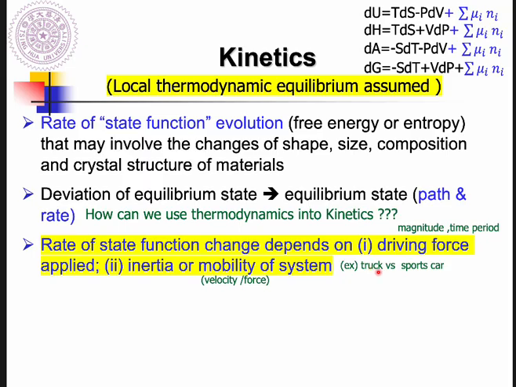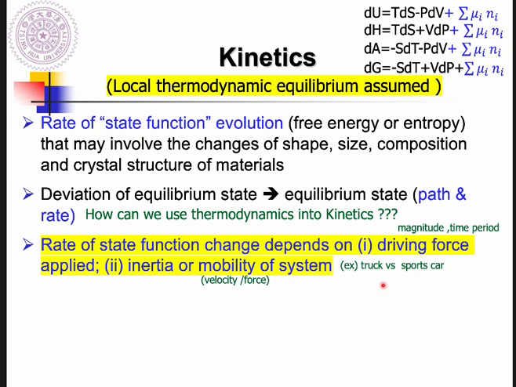No doubt it will be the sports car. Why? Even though they use the same type of engine, which means the driving force is the same, the truck is heavier than the sports car. So the sports car can run faster than the truck. The inertia or mobility of the system in this case will dominate this kinetics process.